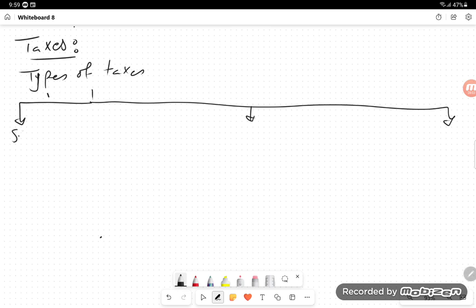Number 1, severance tax. And this is applied at the production level. These are taxes on producing the resource or severing it from the earth.